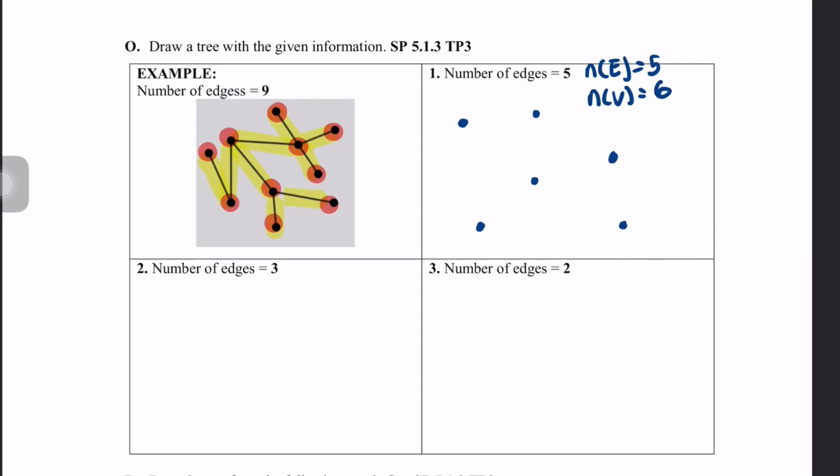Okay, contoh macam ni. Saya sambung 1, 2, 3, 4, 5. Betul lah kan? Okay, dia punya vertices ada 6. 1, 2, 3, 4, 5, 6. Dia punya edges ada 5. 1, 2, 3, 4, 5. Okay. So awak boleh cuba nombor 2 dan nombor 3.